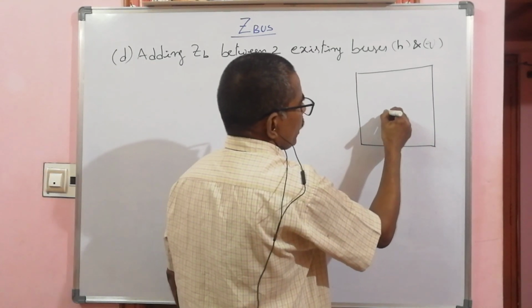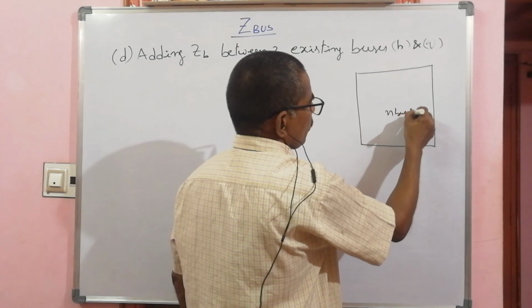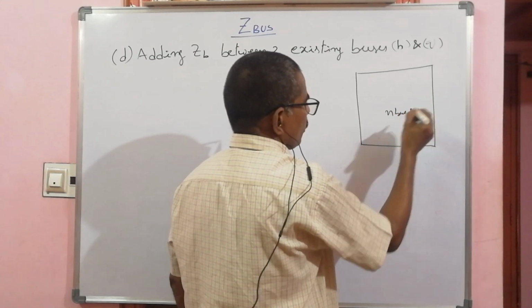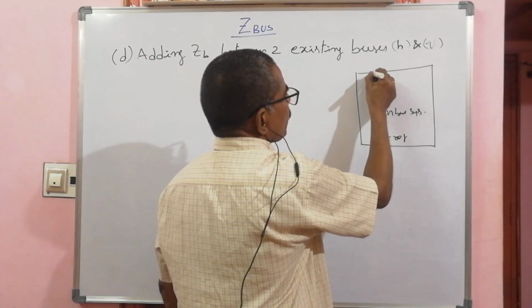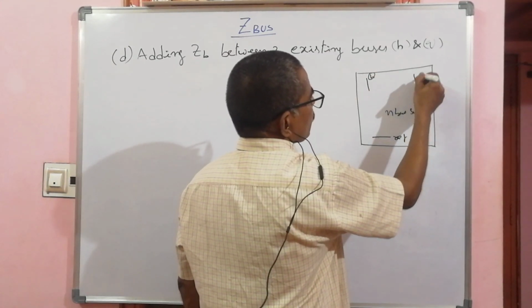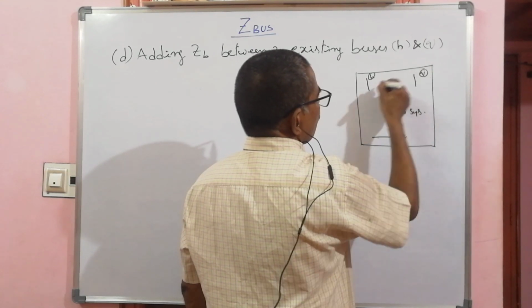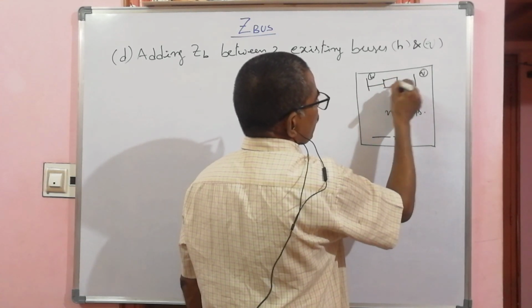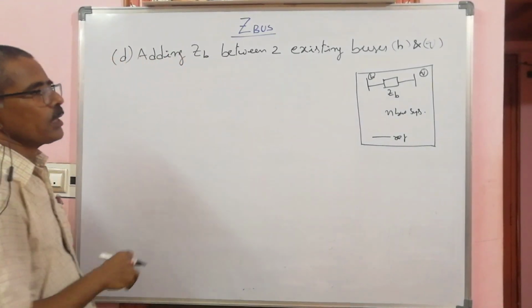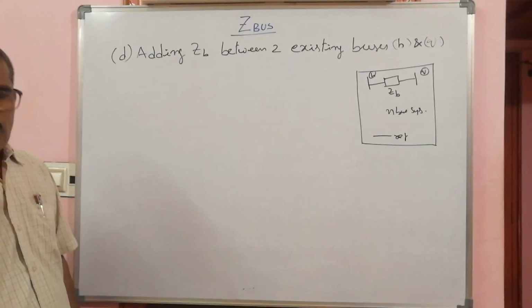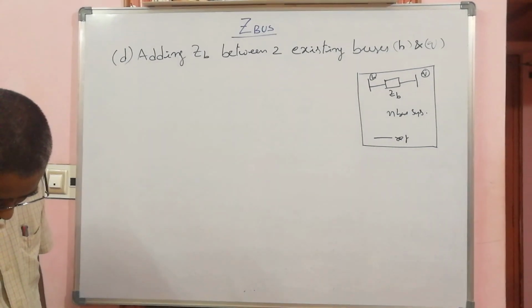this. It's an N bus system. This of course is reference. This is bus H, bus Q. We are adding now ZB here. That is the system. Okay.